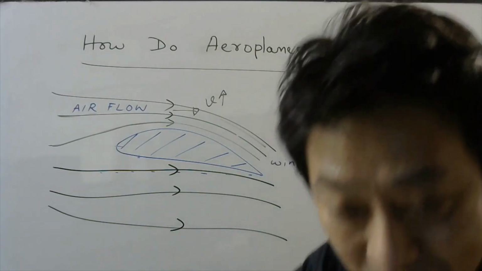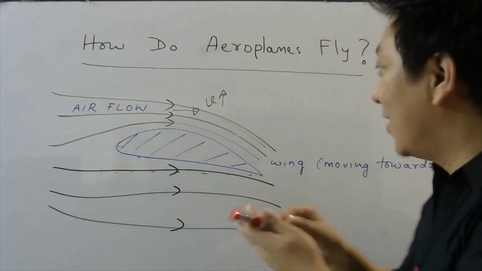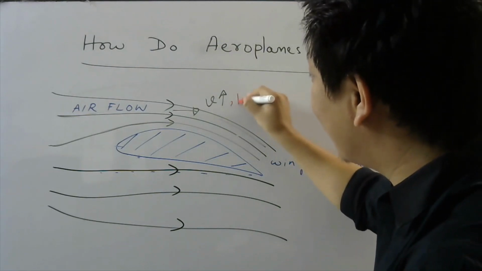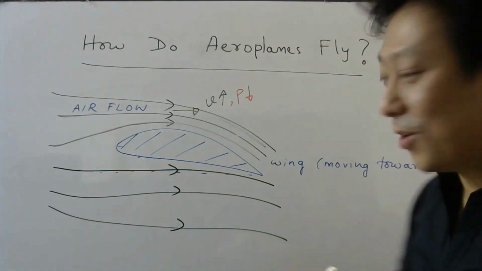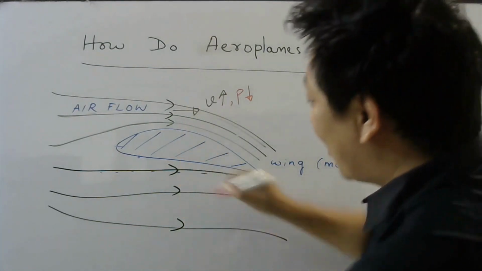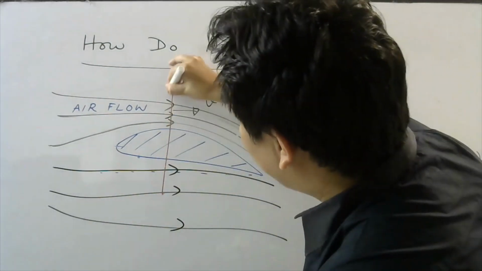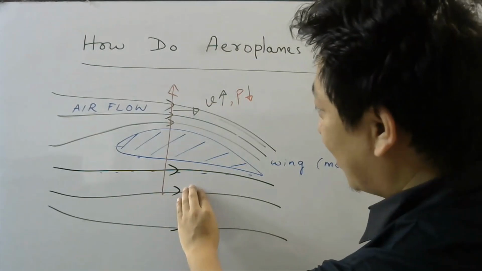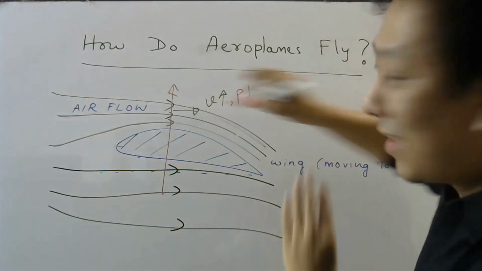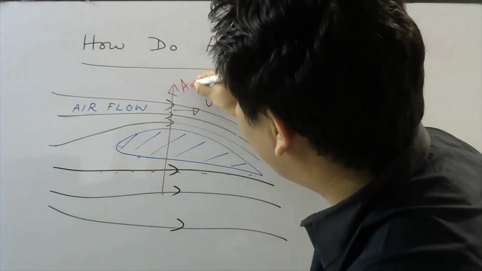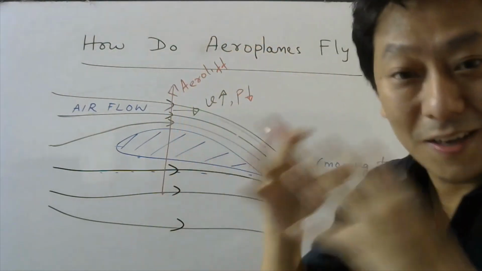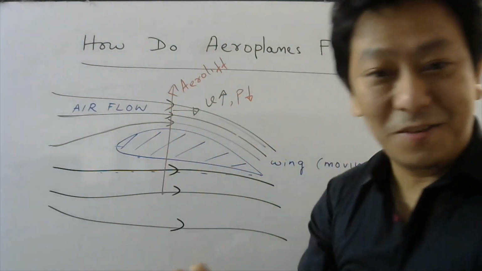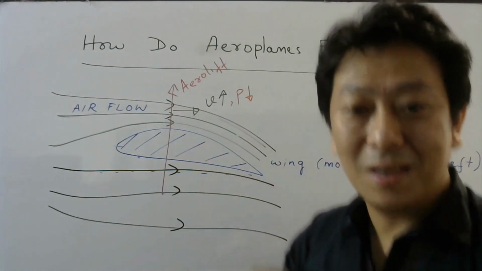Because the flow velocity of air is more, the pressure here will be less because of the second observation, and therefore these wings will feel a force from high pressure towards low pressure, and that force is what we call aero lift. And if that is greater than the gravitational force, then the wings will lift.